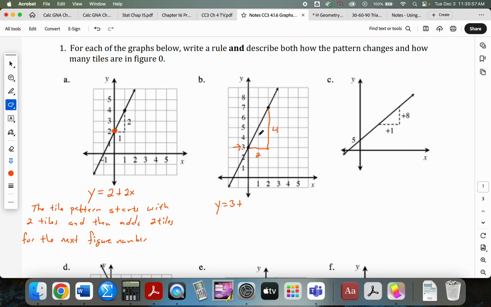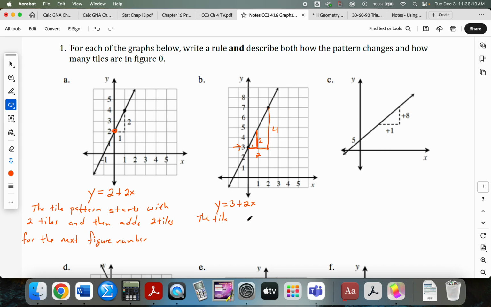But I want to know, how much do I go up or down when I just move over 1? So when I move to the right 2, I go up 4. If I move to the right just 1, how much am I going up? 2. That's your unit triangle there. So that's plus 2x.